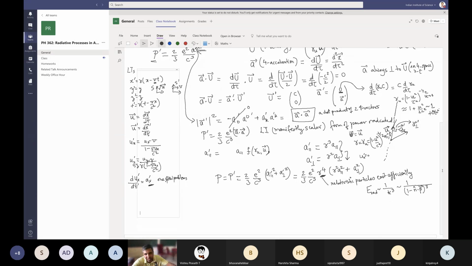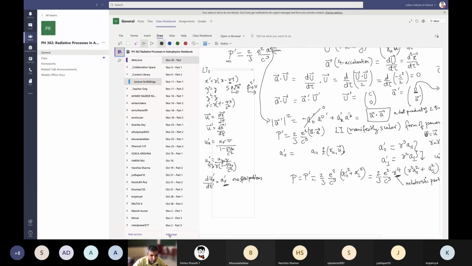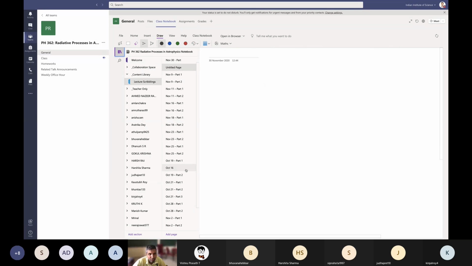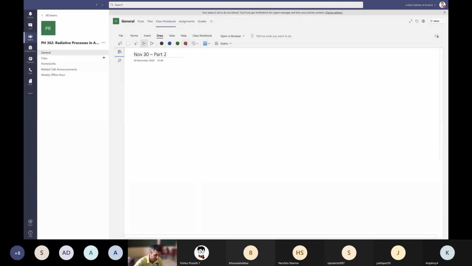So this is about total distribution of power in all angles, on all solid angles. Now we will actually move to angular distribution of power. Okay, now we'll move on to angular distribution.